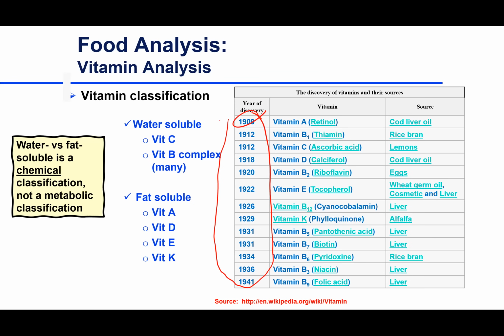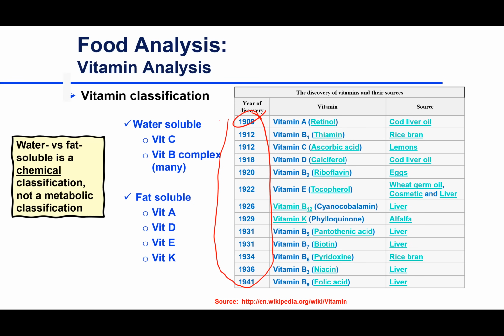So as you know, we commonly break down vitamins into water soluble and fat soluble. Everyone knows that, right? But what I want you to understand is that that's only a chemical definition. It refers to the solubility of that organic molecule. So it's either water soluble or fat soluble.